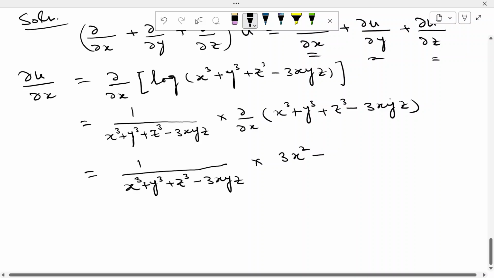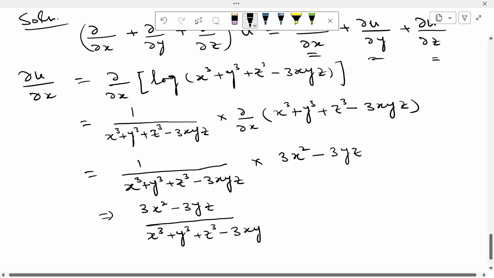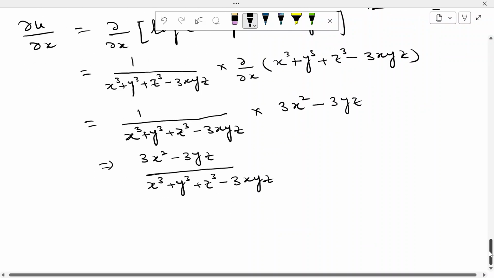Minus, now if you differentiate, 3 y z are all constant and the derivative of x with respect to x will be 1, so this is 3yz. So we are getting 3x square minus 3yz over x cube plus y cube plus z cube minus 3xyz. Now next we need to find del u over del y.